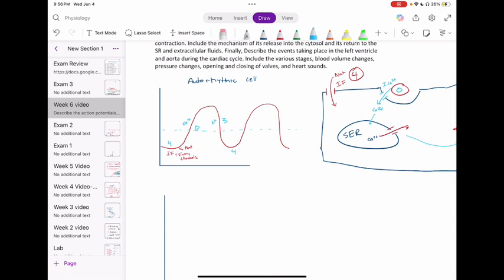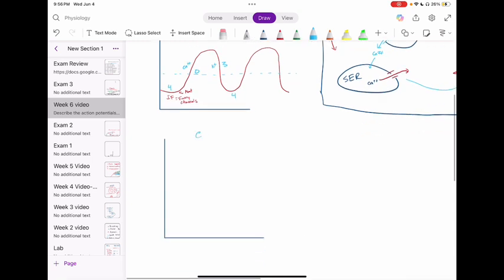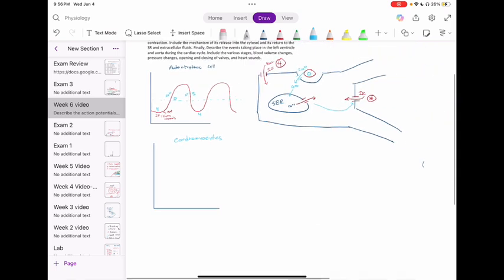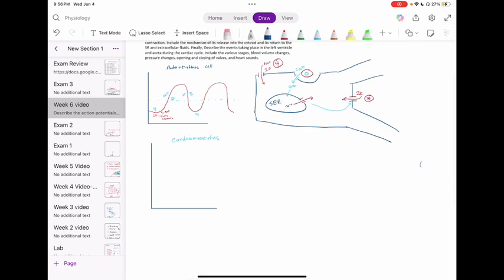The way that cardiomyocytes operate is a little bit differently. So I'm going to draw a similar image here.